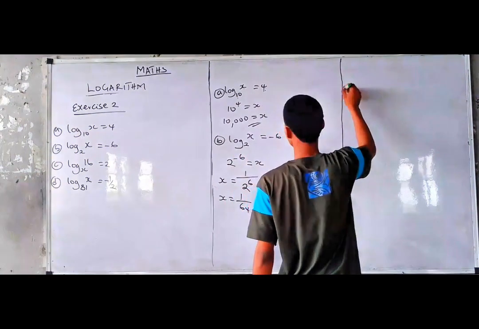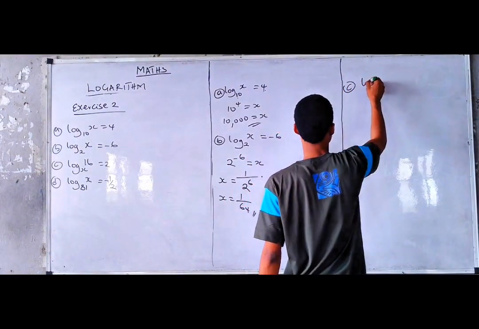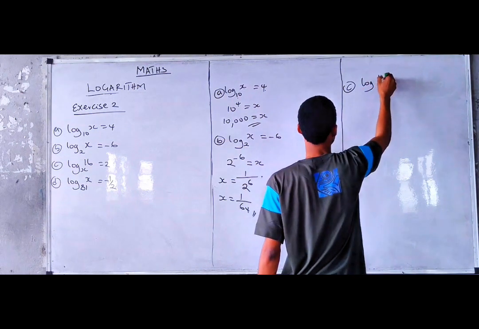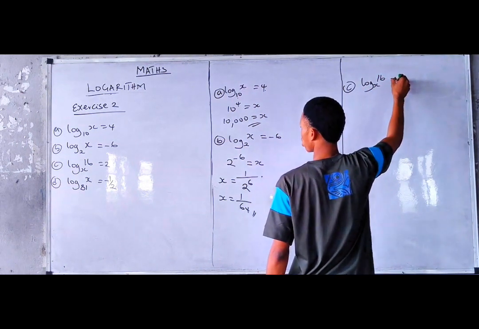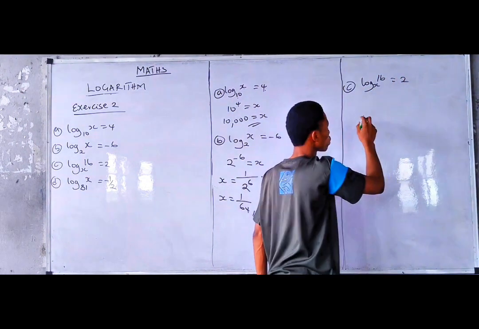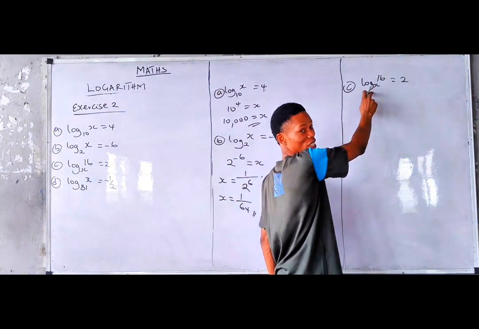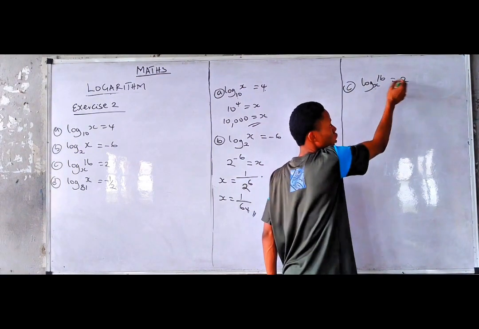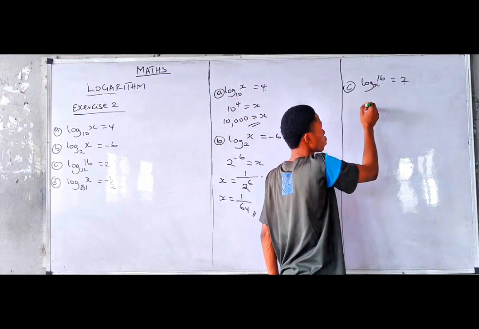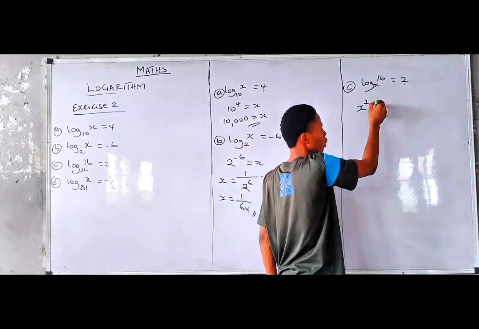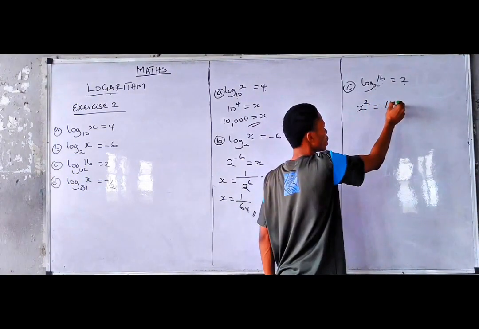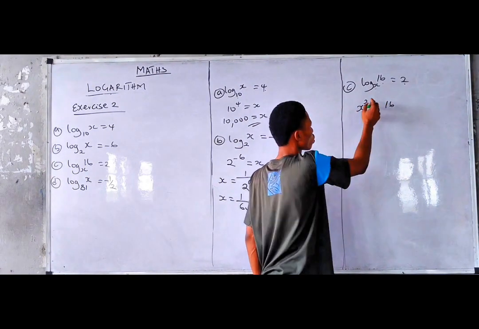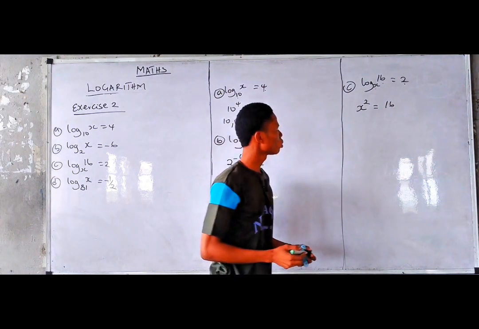C. C says log 16 in base x equal to 2. So now, the unknown here is the base. Remember we are saying x raised to power what will give us 16. Is it not? So x raised to power 2 equal to 16. So if x raised to power 2 equal to 16, what do we do?